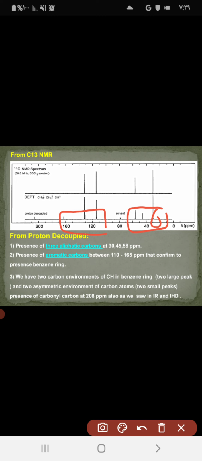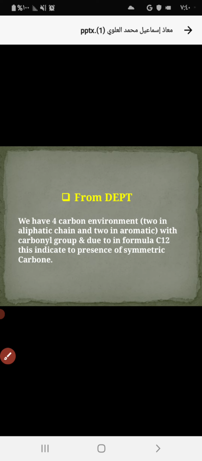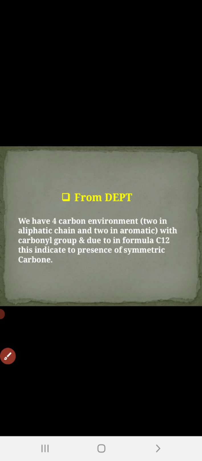Number 3, we have 2 carbon environments of CH in the benzene ring, 2 large peaks, and 2 asymmetric environments of carbon atoms, 2 small peaks. This indicates the presence of carbonyl at 208 ppm exactly, as we also saw in the IR and the IHD, the hydrogen deficiency. Now let's go to another thing by using the DEPT.